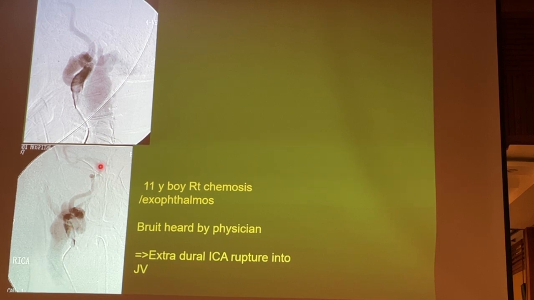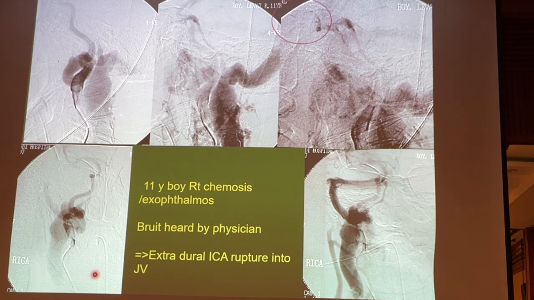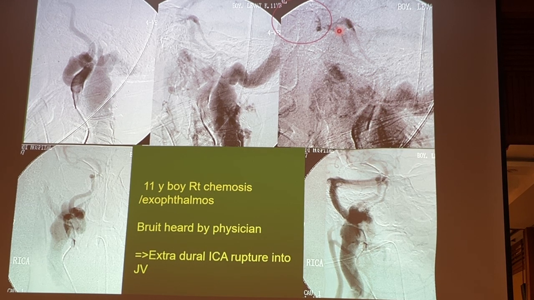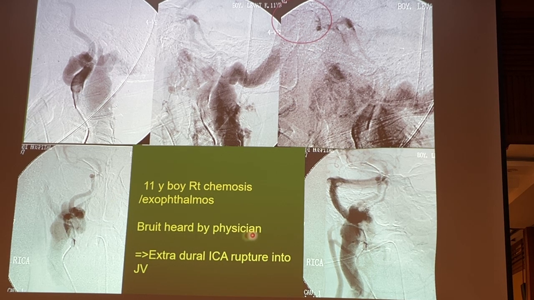So it seems to be the continuation of the internal carotid artery. You see later on this type of venous drainage, and finally when the venous reflux reaches the cavernous sinus, you can have the superior ophthalmic veins, becoming the presentation of this child. Actually, the bruit was heard by the physician.